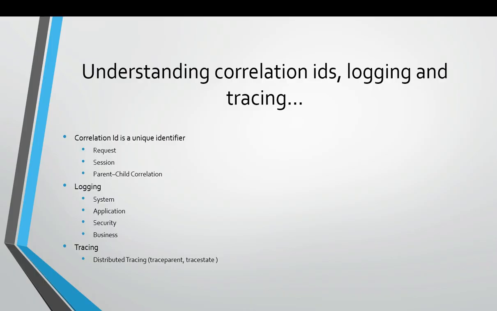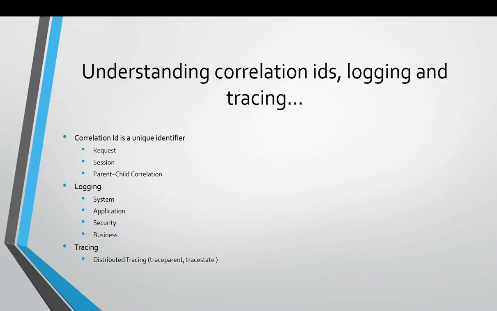In Azure, we use distributed tracing, which is built on the W3C trace context standard, and two headers make this possible. One is traceparent. This carries a trace ID and span ID that uniquely identify the transaction and the current operation. Then we have tracestate. This adds vendor-specific metadata for deeper insights or cross-platform correlation.